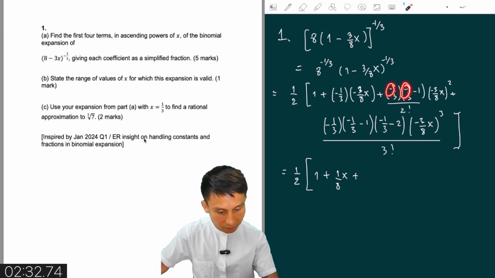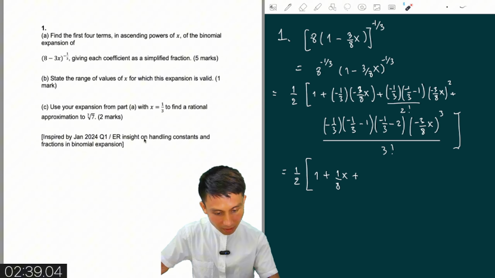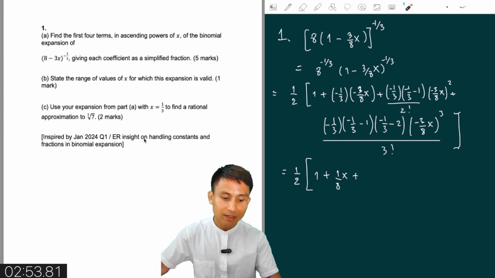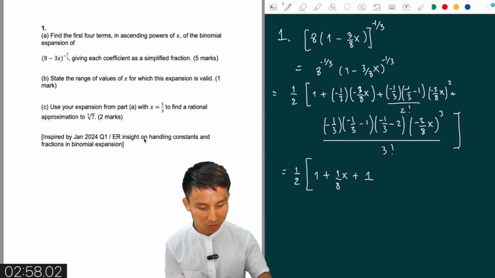We have 2 negatives here and another 2 here, so this term will be positive. The two 3s cancel with those. So this is just minus 1 times minus 4, so it's 4 divided by 2, which gives 2. And then 8 to the power of 2 is 64, so it's 1 over 32.